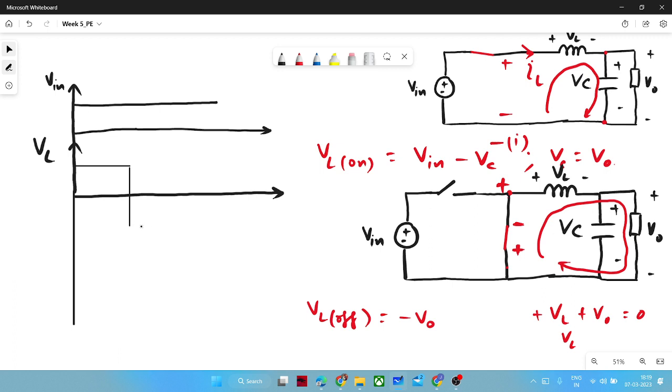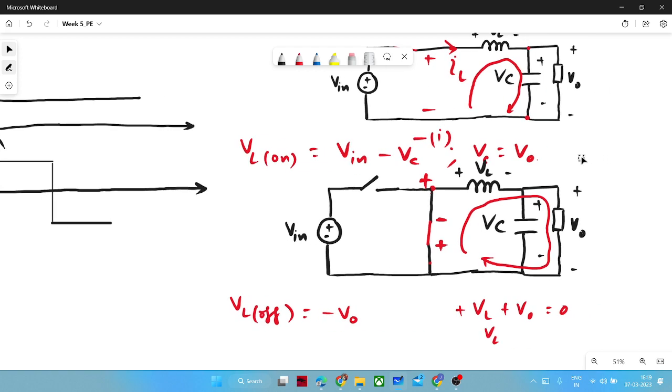Who asked that question? Rahul, I asked. So this VL you are seeing as positive, but actually VL is minus V naught, right? This you are explaining from the graph. What about from the circuit analysis? Let us see the circuit here.